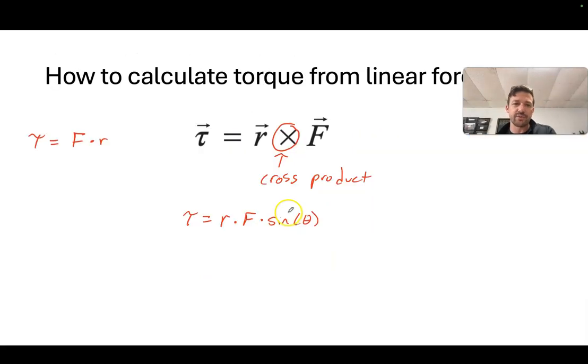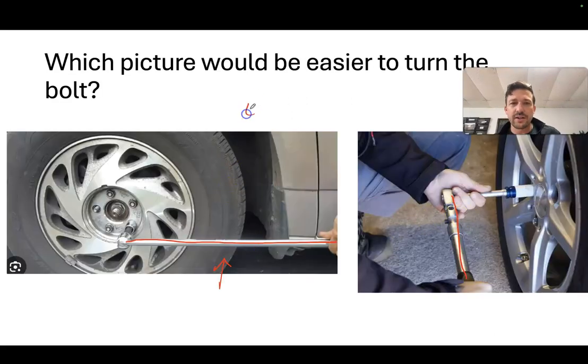Let's go back to this real quick. If you want torque, what you do is radius times force, is what I was telling you, right? So, torque is equal to force times radius. If you're trying to apply a torque to undo this bolt, you're going to apply some force onto it, and depending on the amount of radius, it applies a torque.